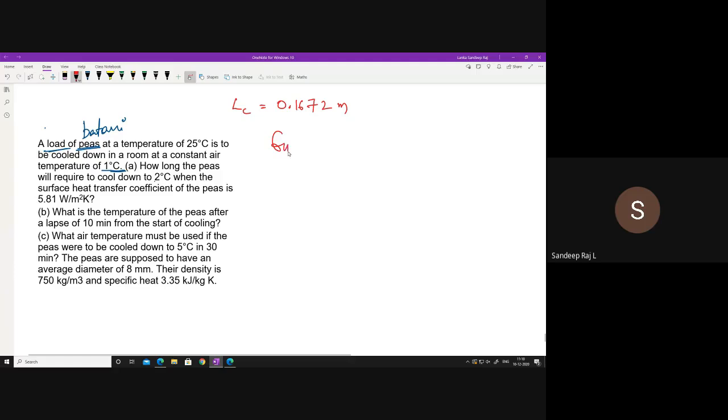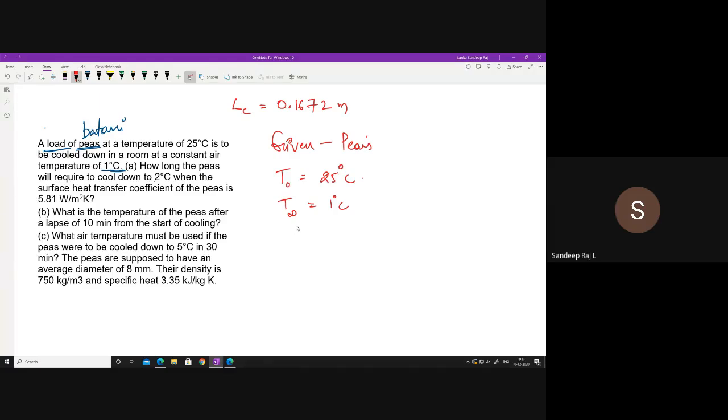Let's write the given: there is a load of peas, and the temperature is given as 25 degrees centigrade, and the temperature of the atmosphere is given as 1 degree centigrade. So this 25 degrees centigrade will be T naught, that is the initial temperature.